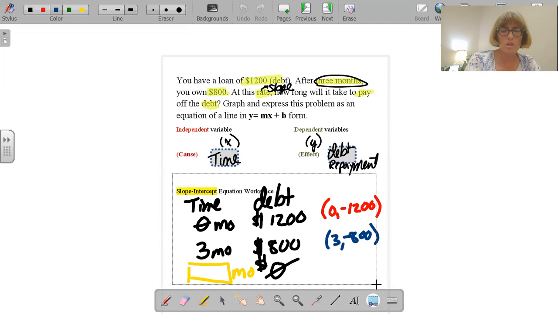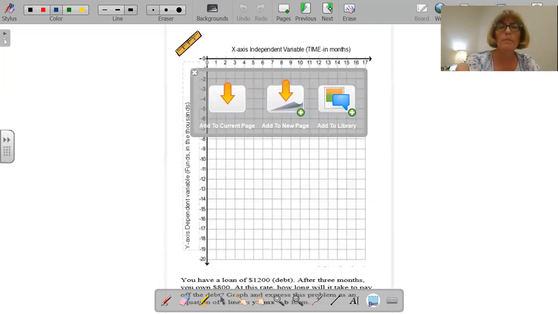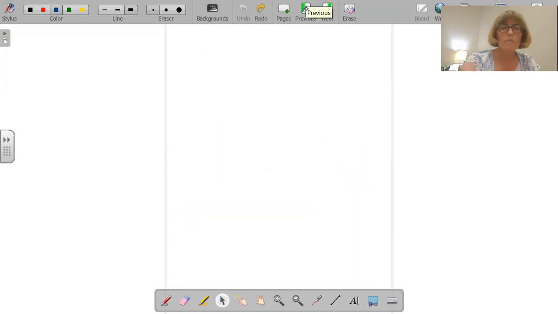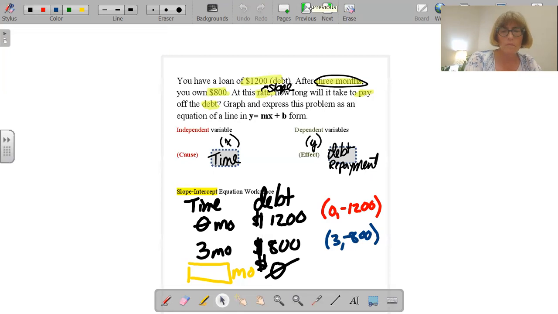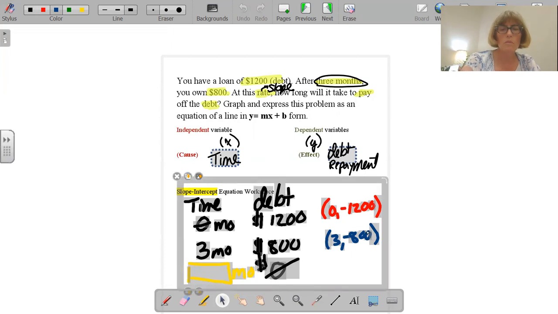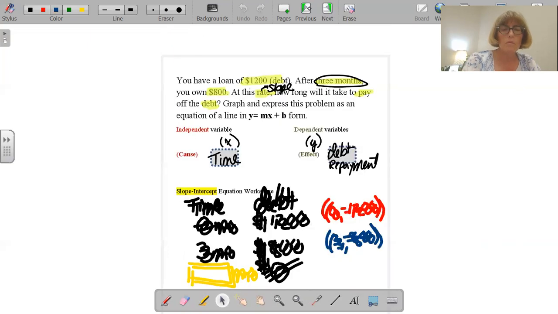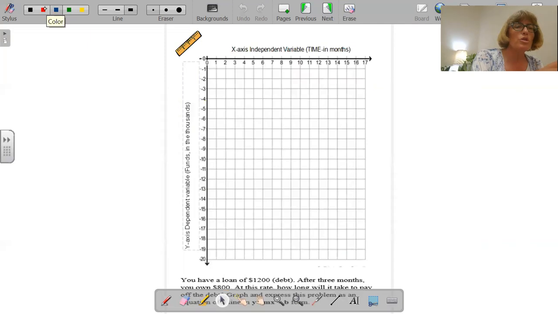I'm going to take this and just capture it and bring it over. So 1 is at 0 months. Notice what it says right here.